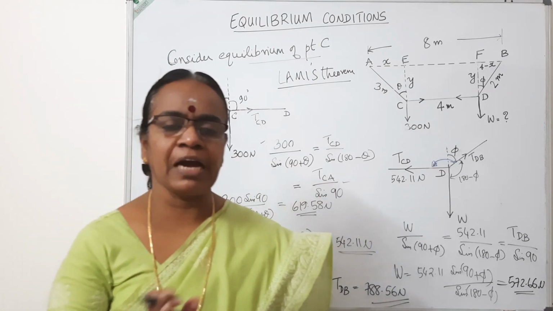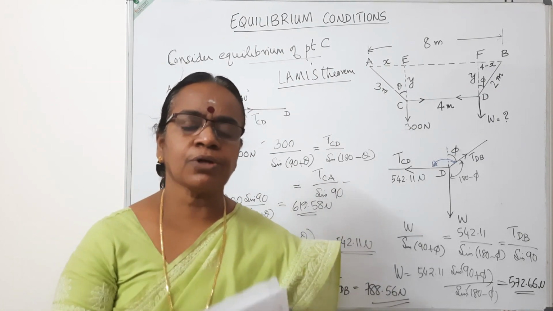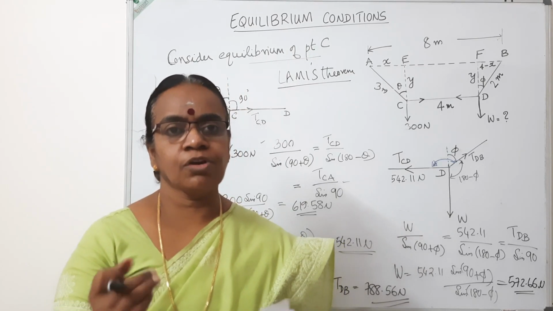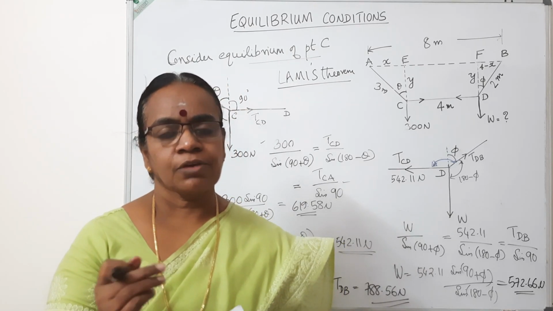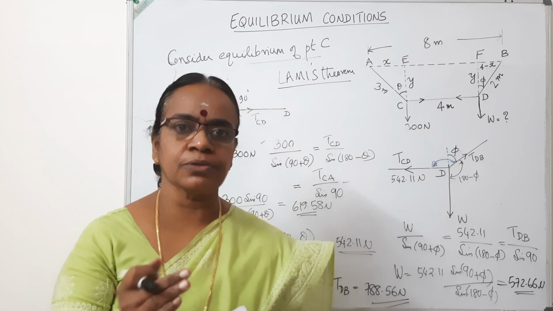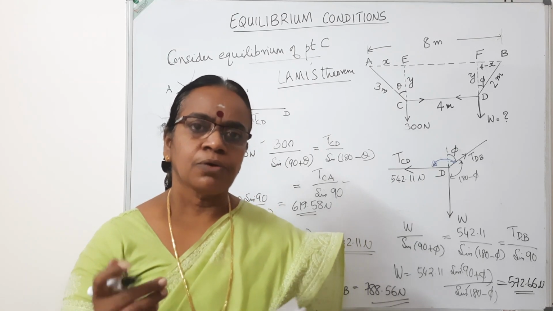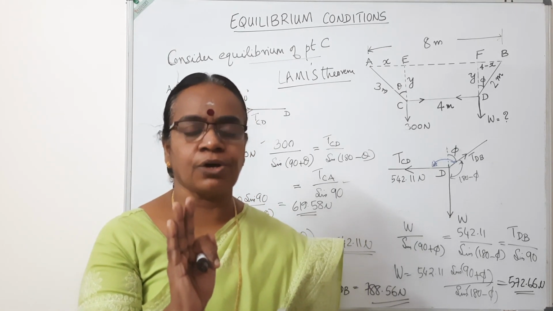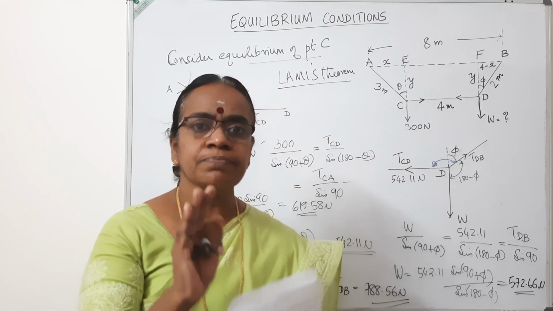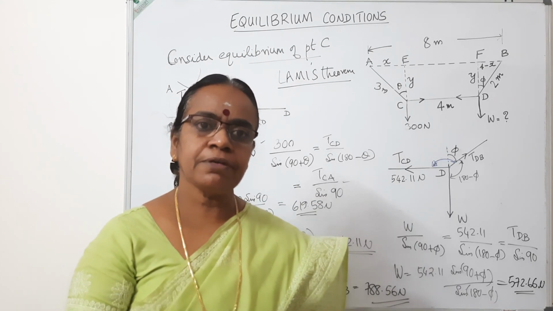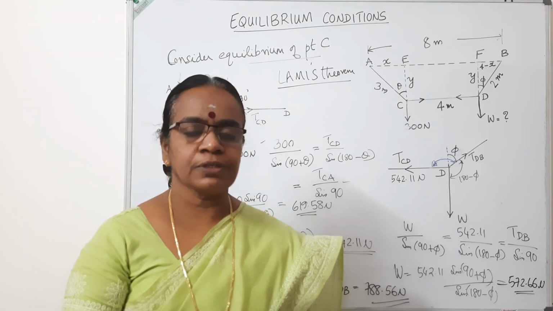So in this problem, we have illustrated how to solve problems using the equilibrium conditions. The equilibrium equations, sigma fx equal to 0 and fy equal to 0 at a particular joint, or, only if three forces are acting at a joint and maintain that joint in equilibrium, we can also make use of Lami's theorem and solve for the unknowns.